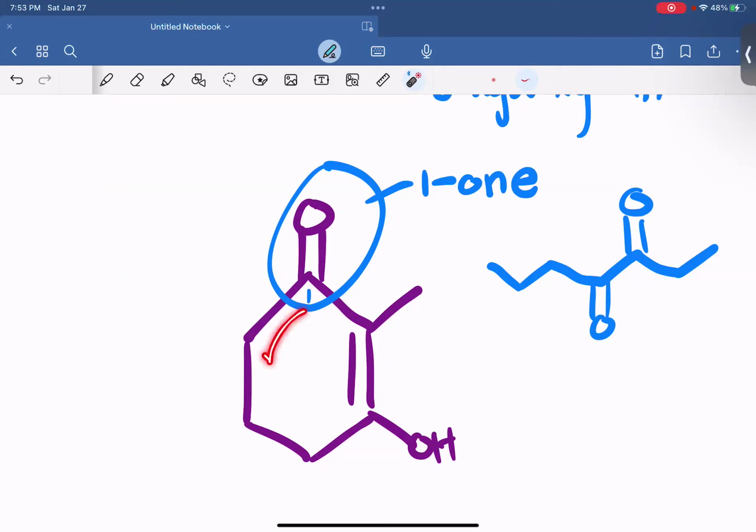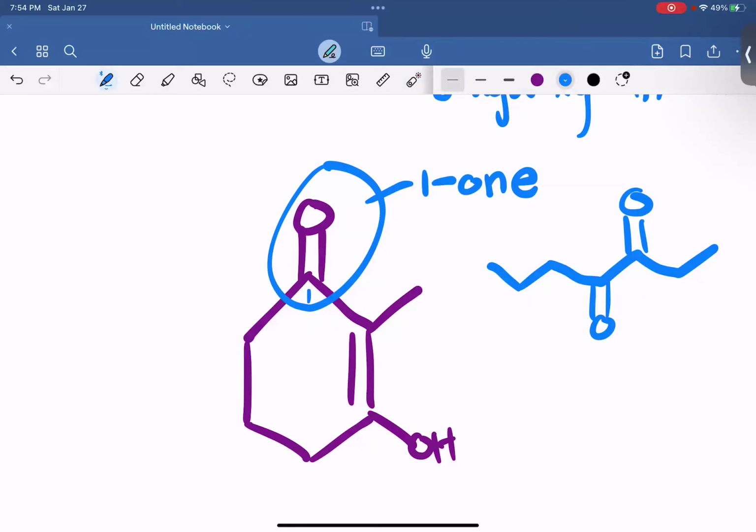If we counted this way, it would be 2, 3, 4, 5, 6, making these 6 and 6 and 5, which puts the set of numbers higher than if we counted this way. You might ask, well, I see the longest carbon chain is 1, 2, 3, 4, 5, 6, 7, leaving the ring. Well, one of the rules is that once we count within a ring, we're not going to exit the ring.